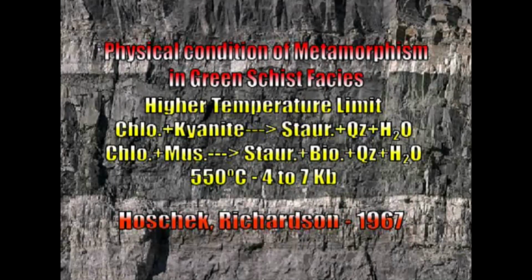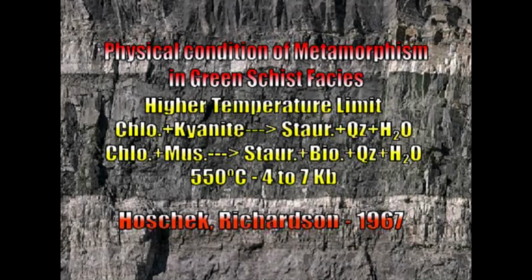Chloritoid plus kyanite give rise to staurolite. And the second important reaction is chlorite plus muscovite give rise to staurolite plus biotite plus minus aluminosilicates. The investigation of these reactions by Hoschek in 1967 and Richardson in 1967 have yielded equilibrium temperature at approximately 550 degrees centigrade at 4 to 7 kilobar water pressure.